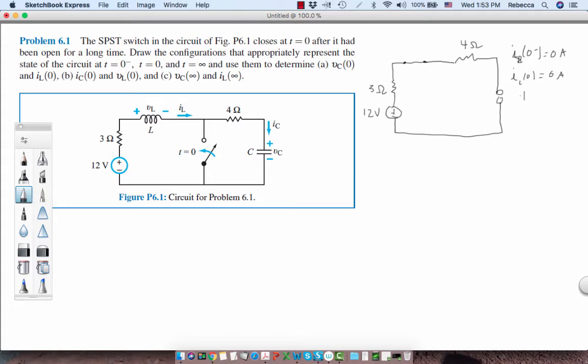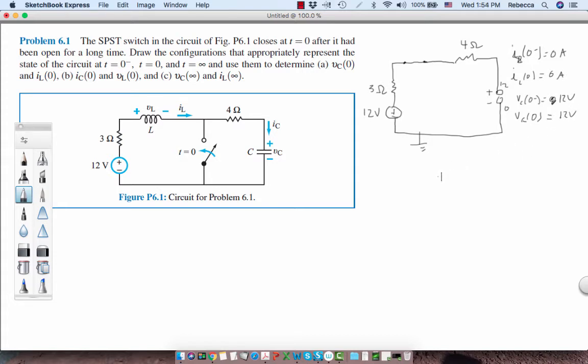The voltage across the capacitor, well, if we make this side ground, this side is at 0 and this side is at 12, and so our capacitor voltage at time t equals 0 minus is 12 volts. And since voltage can't change instantaneously across a capacitor, the voltage across the capacitor at time t equals 0 is also 12 volts.